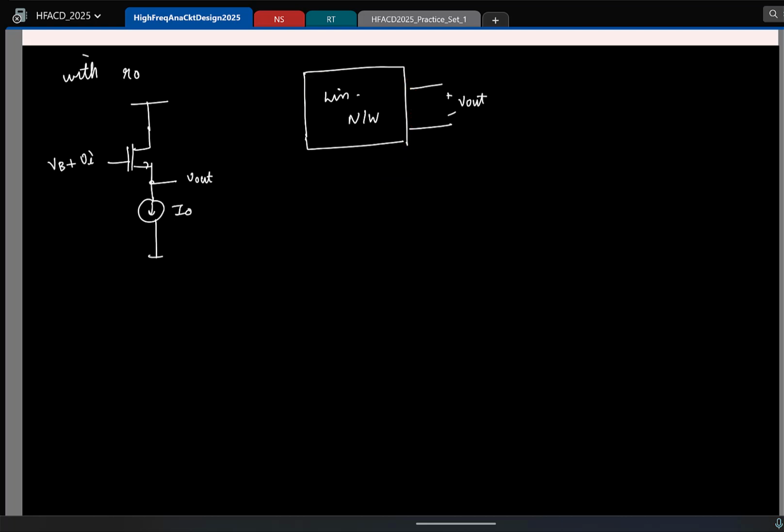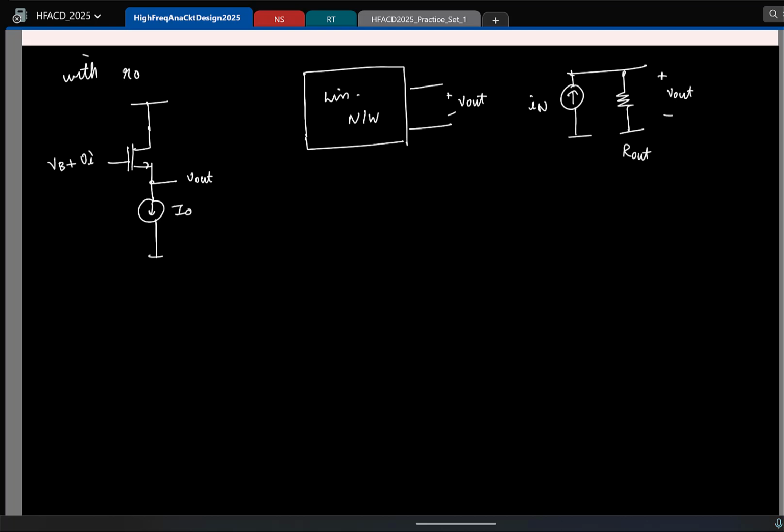Thevenin or Norton, either of them is fine, and we prefer Norton in general. So let us say this is modeled as an effective current, Norton current, and the Thevenin or Norton resistance, and that's essentially the resistance looking into this port, and since we call it the output port, we'll call this the output resistance. So this is my Vout.